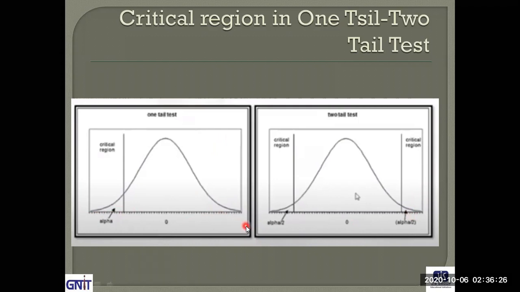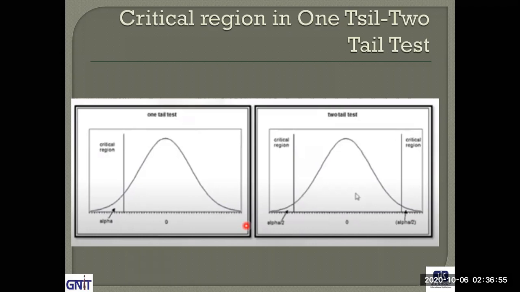So a one-tail test can be the left-hand tail or the right-hand tail. But a two-tail test means the region that falls between 21 to 25 years. Beyond 21 years is not accepted, and above 25 years is also not accepted.